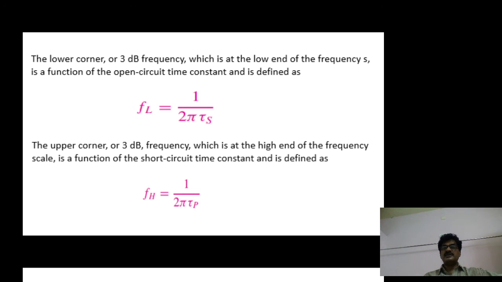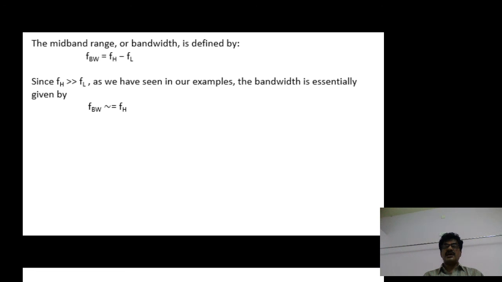Similarly, at higher frequencies, the upper corner frequency, the higher cutoff frequency, is FH equal to 1 by 2 pi tau p. So the corner frequencies can be derived with reference to the lower and higher frequencies.